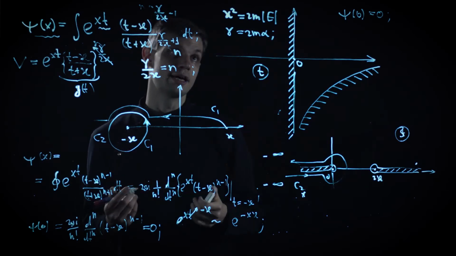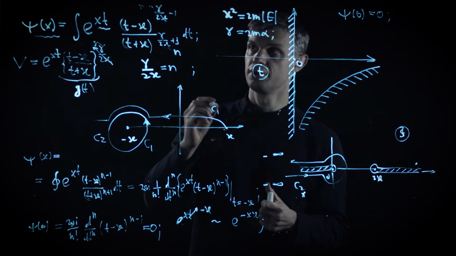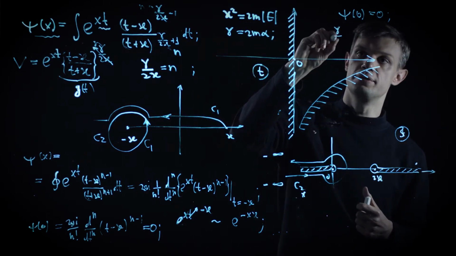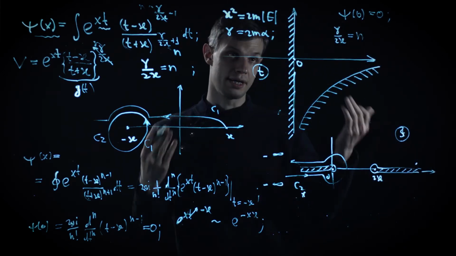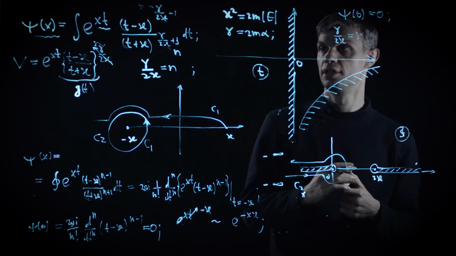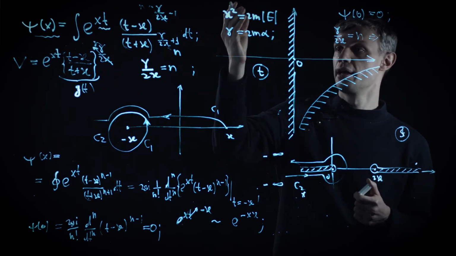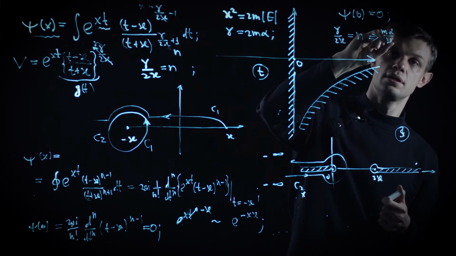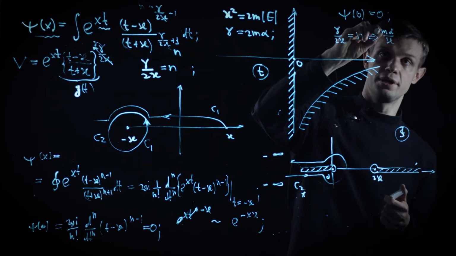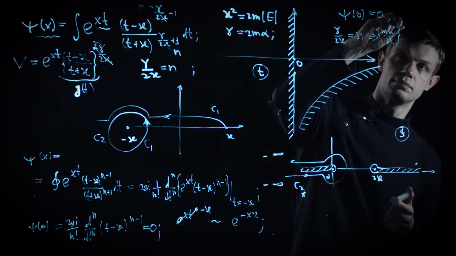And it all happened only in the case when the corresponding factor gamma over 2 kappa is equal to some positive integer, and hence the quantization of energy levels. So we get n equals m alpha over kappa. Let's make a square.